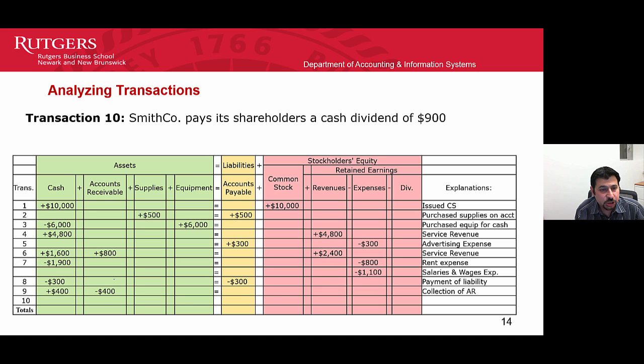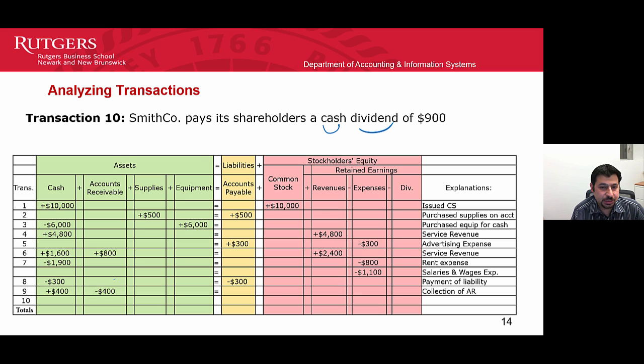In the 10th transaction, Smithco pays its shareholders a cash dividend of $900. So they decide to pay part of the money to their shareholders in the amount of $900 cash. So what are the accounts that are involved? In this case, the accounts that are involved are cash and dividends. What happens to cash in this case?